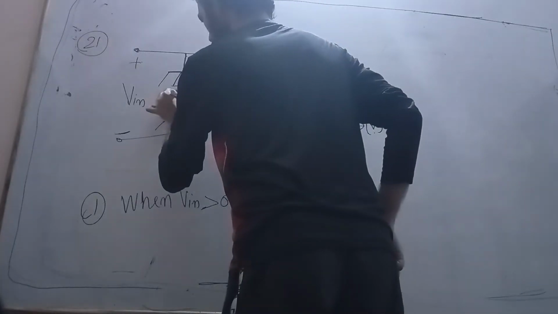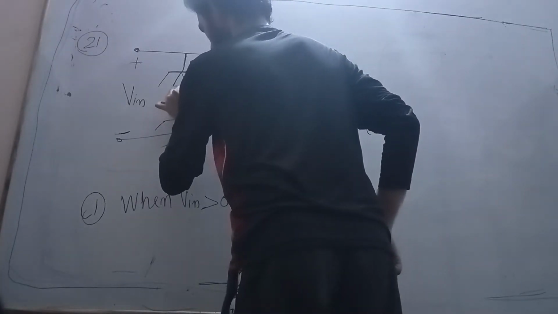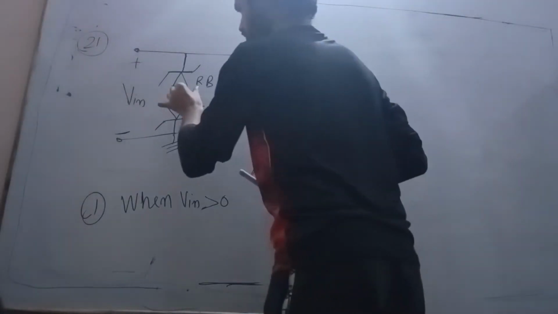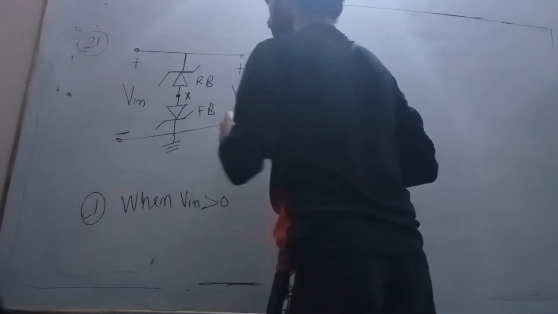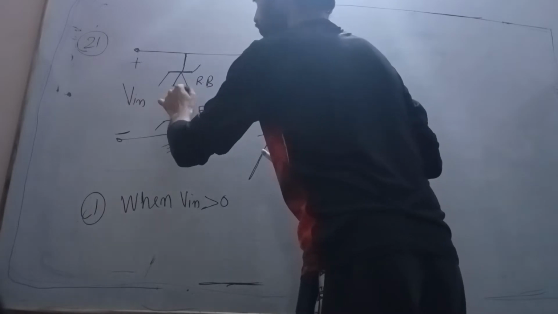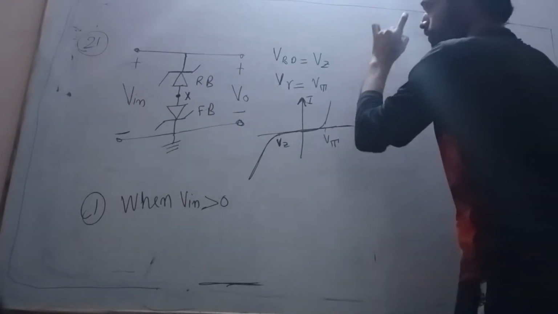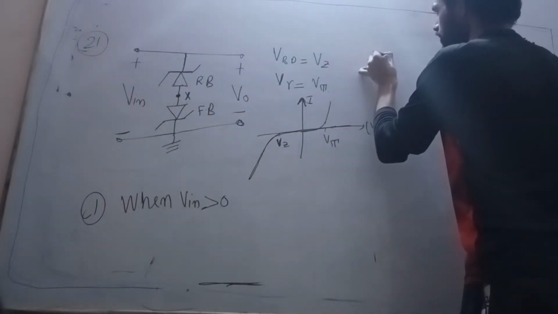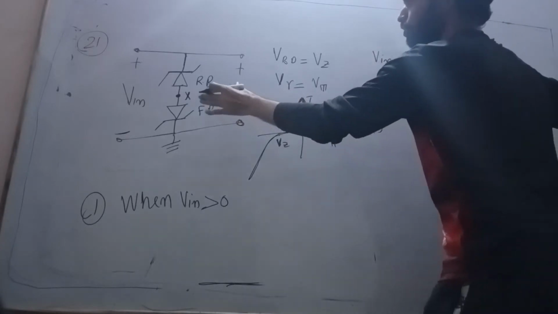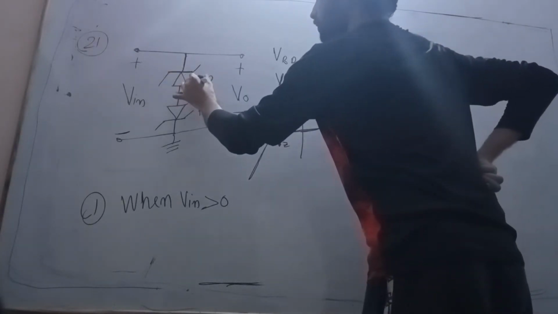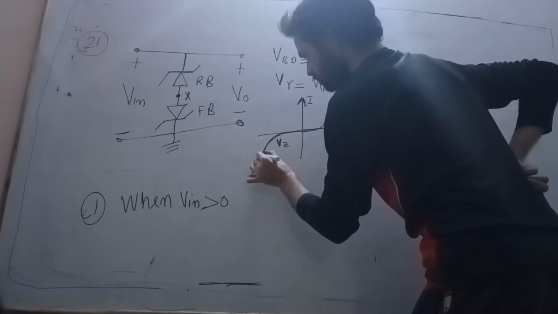Now see, up to this x voltage, we want to check it. So let us see this x voltage, up to x voltage, Vin. Now let us say this is in breakdown region.